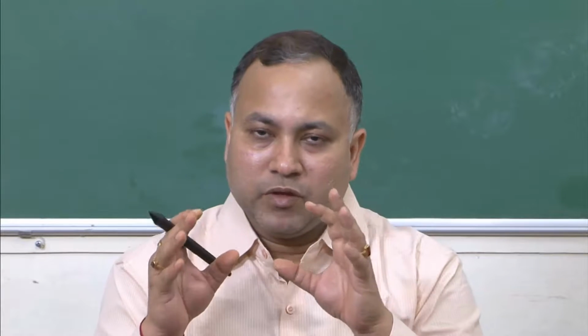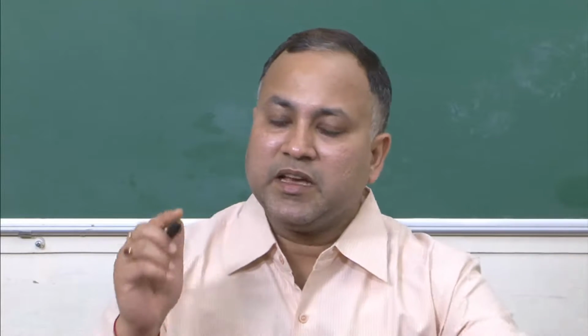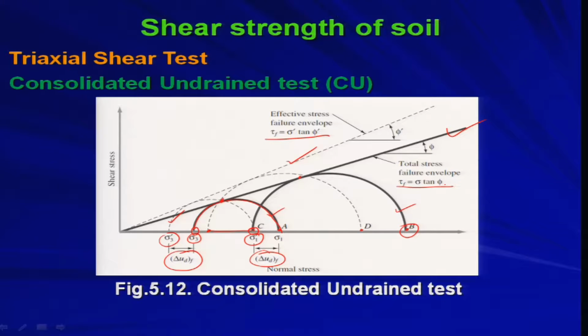Now, if you see these figures, in the case of total stress you get a little flatter failure envelope, defined by this angle phi, right. Phi is nothing but the angle of internal friction. In the case of effective stress, this is the inclination of the failure envelope, phi prime. Of course, phi prime is greater than phi in this situation.